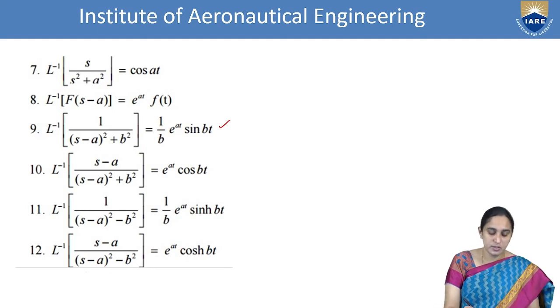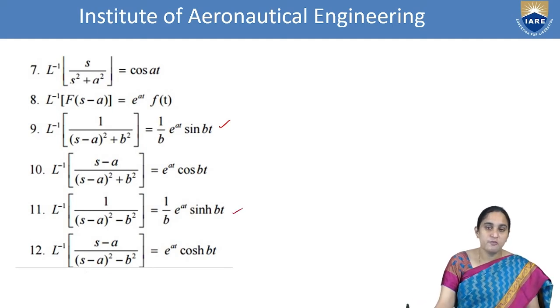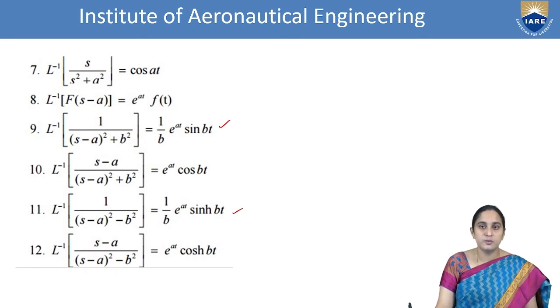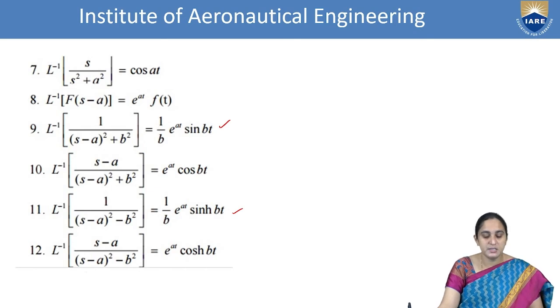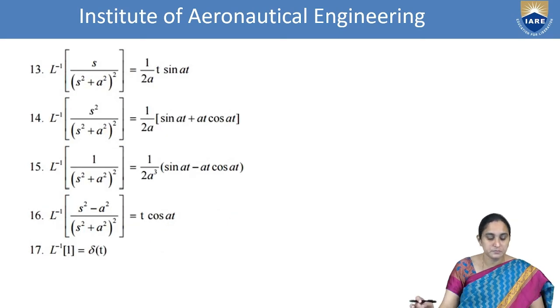And the 11th one, Laplace inverse of 1 by (s minus a) whole square minus b square is equal to 1 by b into e power at sinh bt. And the 12th formula, Laplace inverse of (s minus a) by (s minus a) whole square minus b square is equal to e power at into cosh bt.